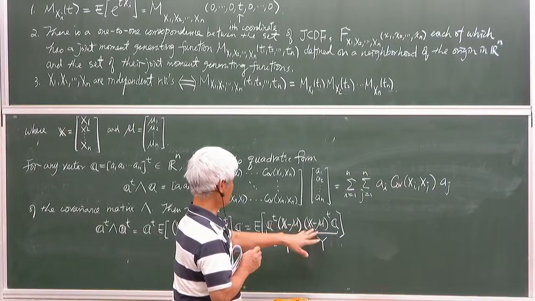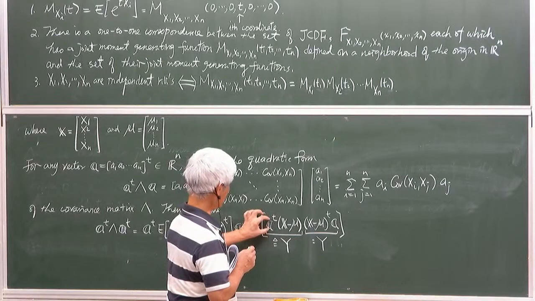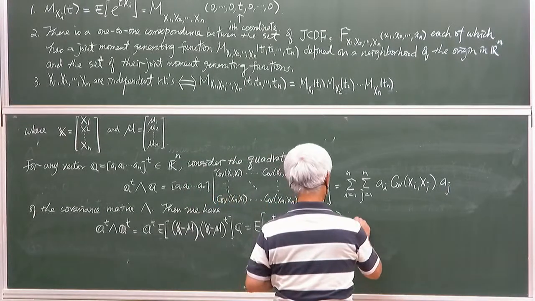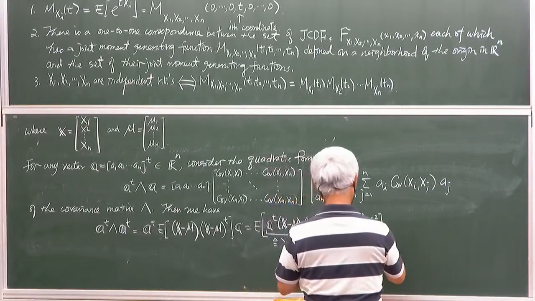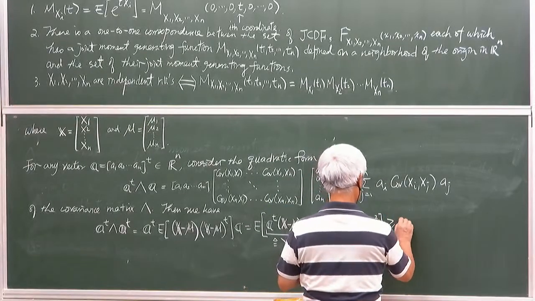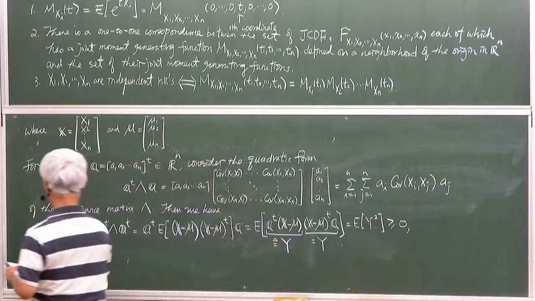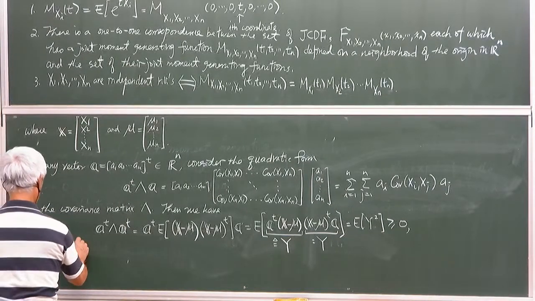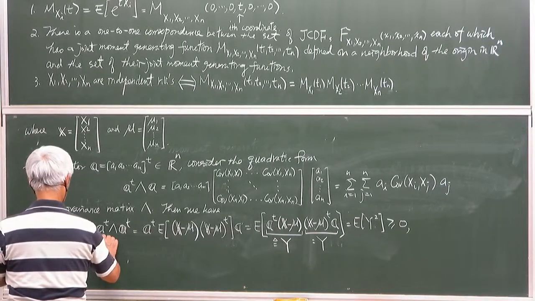Okay, and this is equal to y, because this is an inner product actually, of the column vector a and the random vector capital X minus mu here. So this is equal to the second moment of the random variable y, and of course we know this is always non-negative, where y is defined to be a transpose of (X minus mu) here.